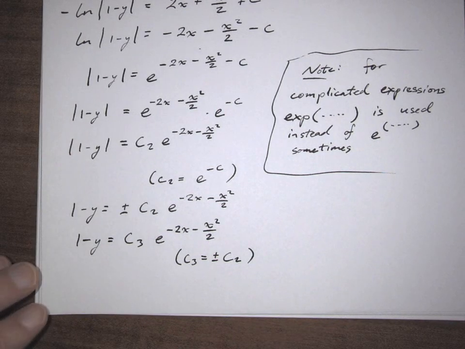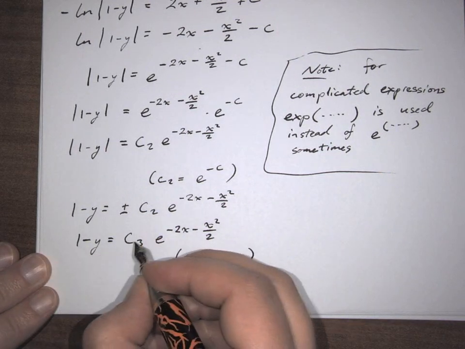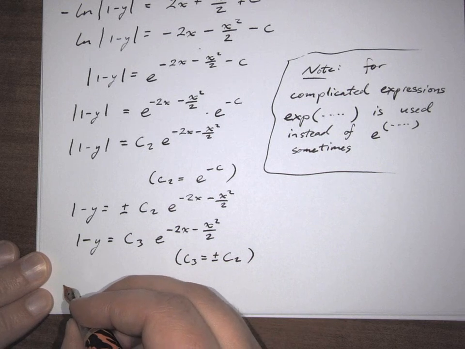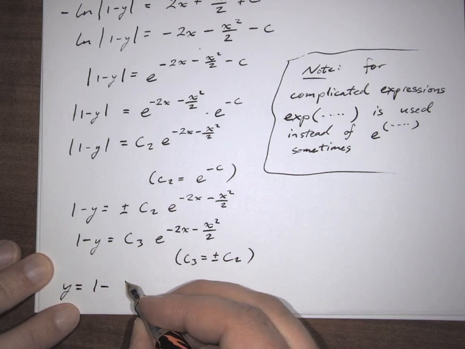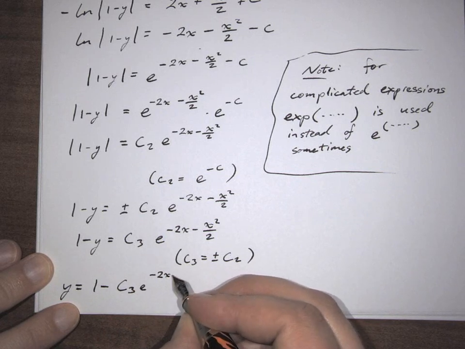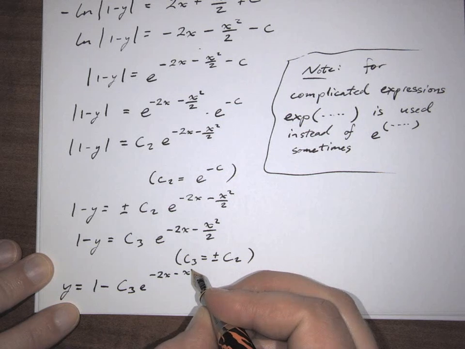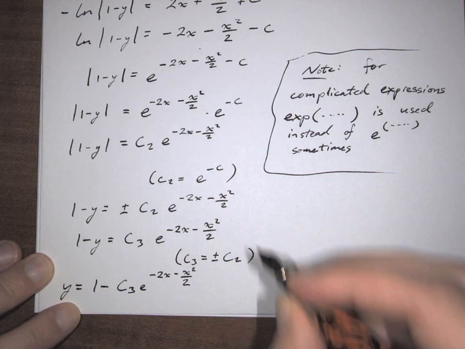Alright, and in the home stretch here, we can just solve this. We could add y to both sides and subtract that from both sides, for example, and we get y equals 1 minus C3 e to the minus 2x minus x squared over 2.